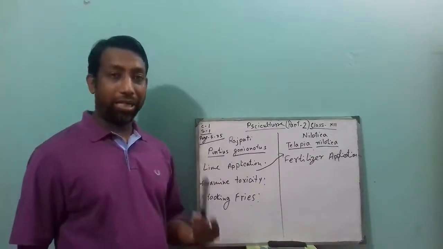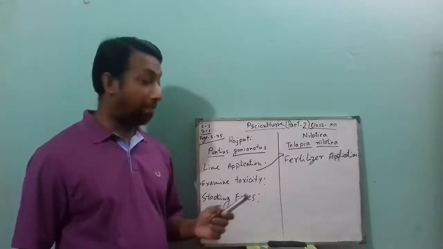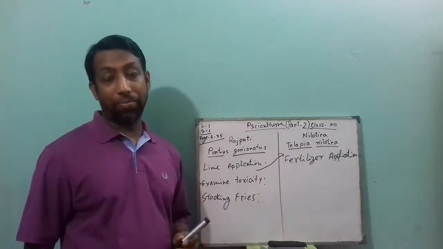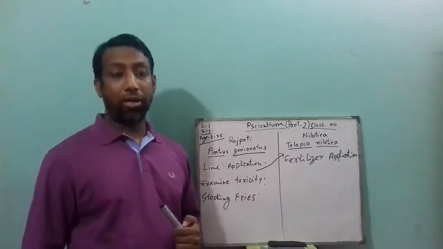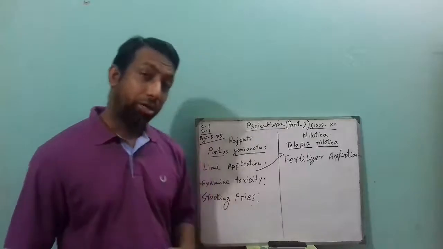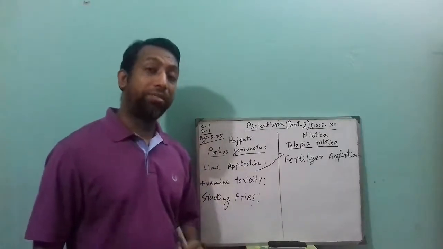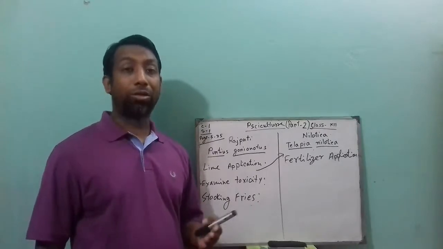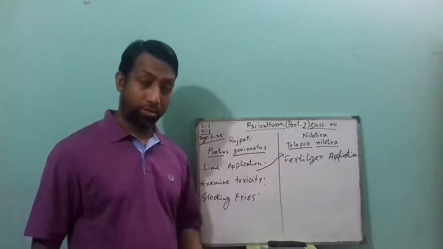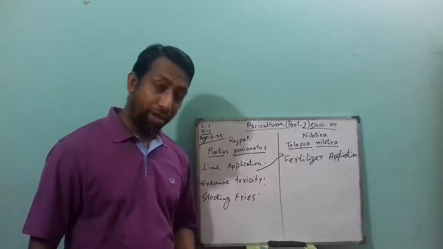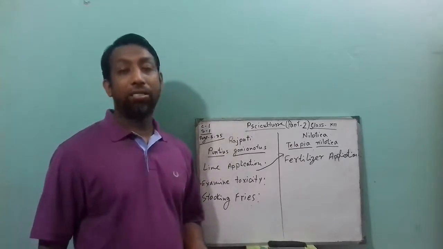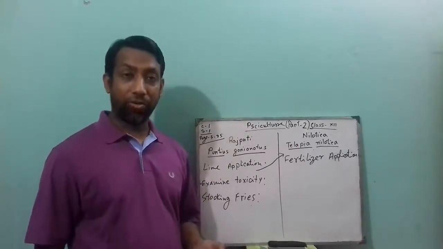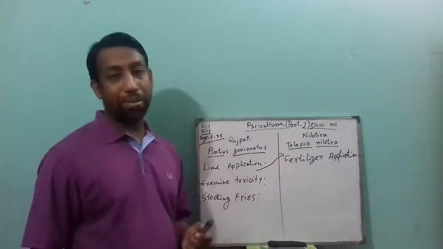So in the pond we need to definitely apply this lime. Sometimes it is observed that the pond water might be acidic, which makes toxic substances in the pond. Even the water is not clear, that's why we have to apply the lime in the pond.